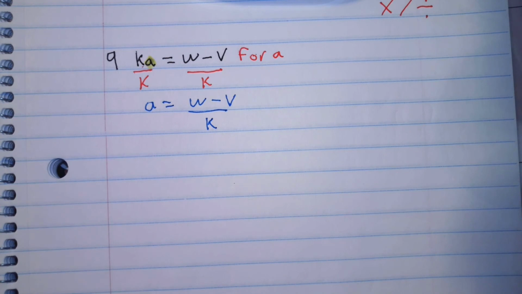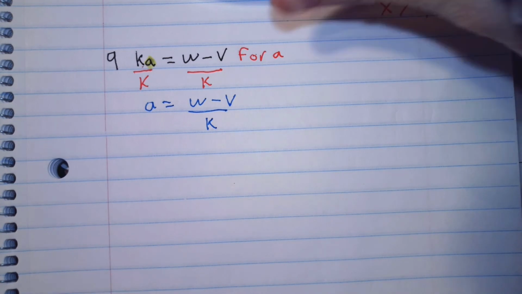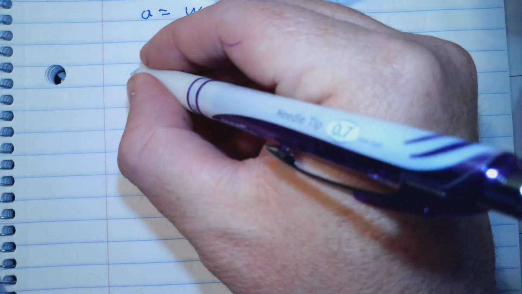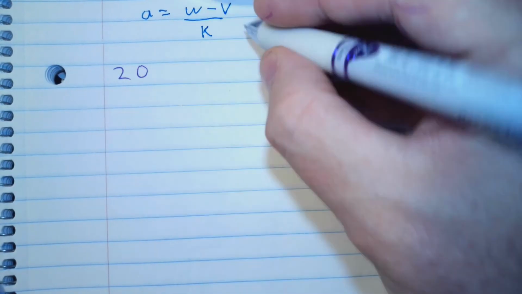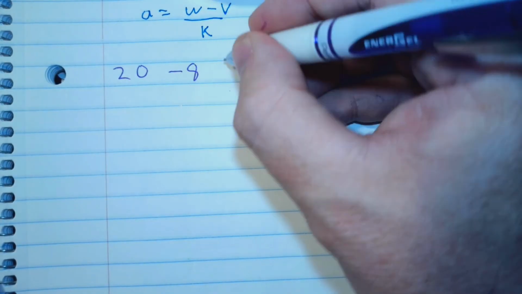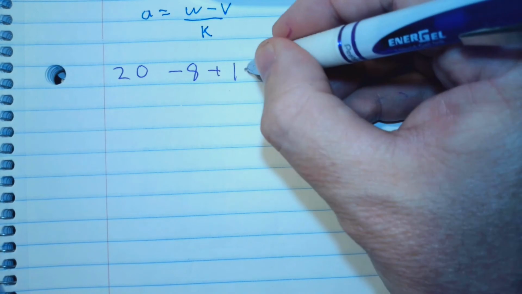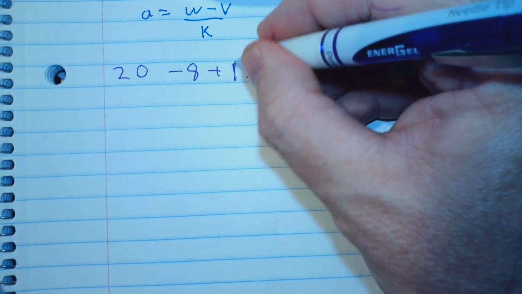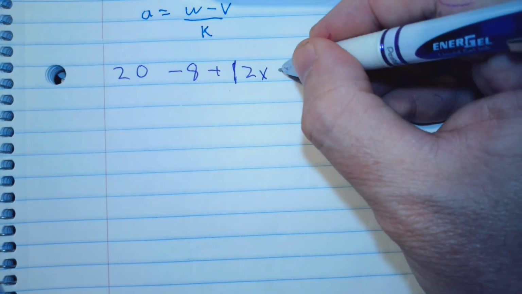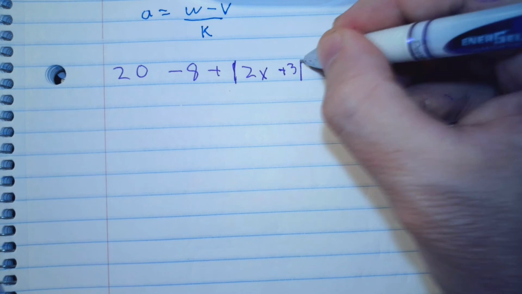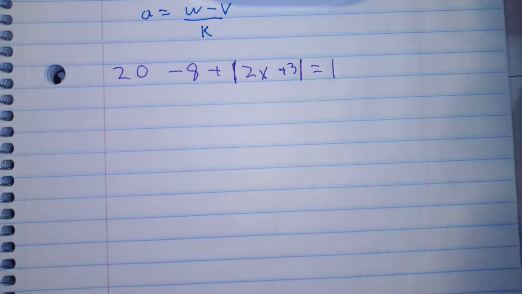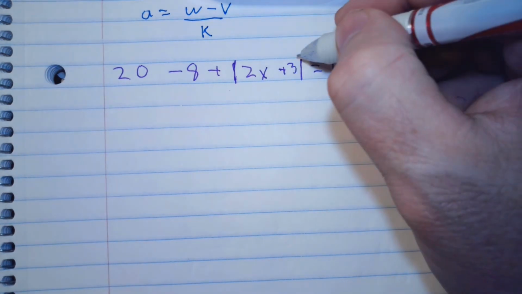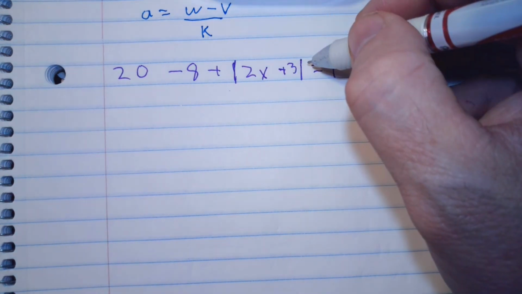All right, now we're going to move on. Let's go ahead and do number 20. I'll do a harder one, just to make sure you can remember. Okay, and these symbols, absolute value means distance from 0.